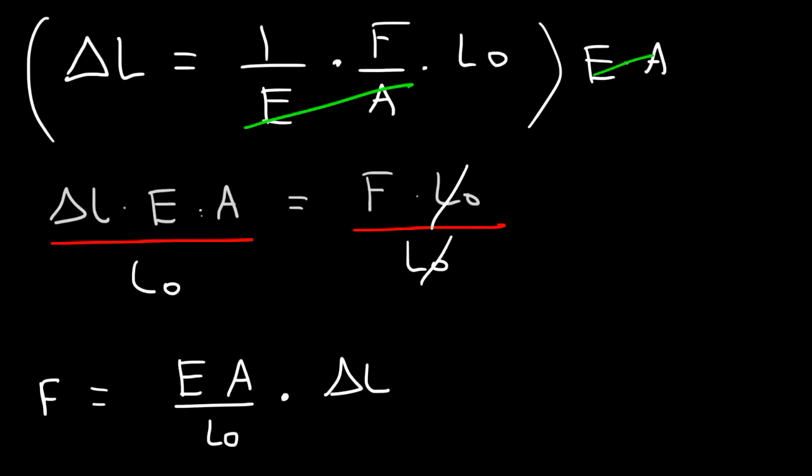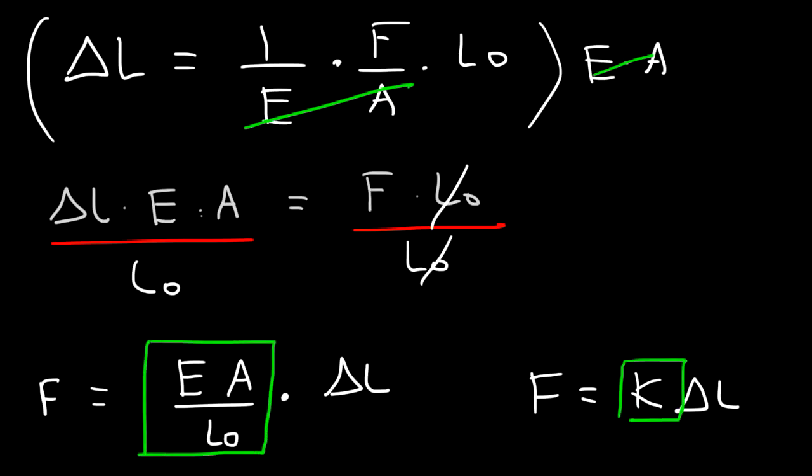Now the reason why I wrote it that way is to relate it to this equation: F is equal to K times delta L. So you can see that K, the proportionality constant, is based on E, A, and L0. So K, the proportionality constant of anything that's elastic and can stretch, depends on the elastic modulus, which is based on the material's property. It depends on the area of the material and the length of it.